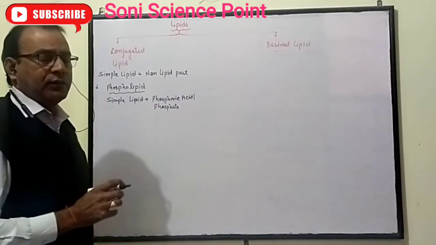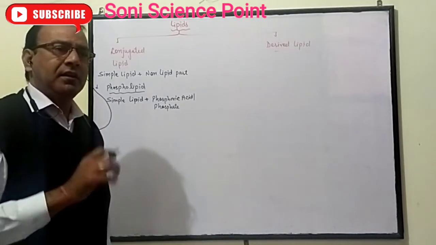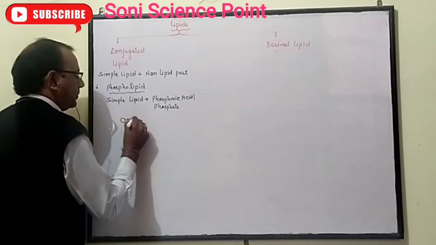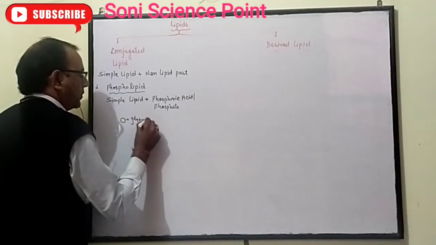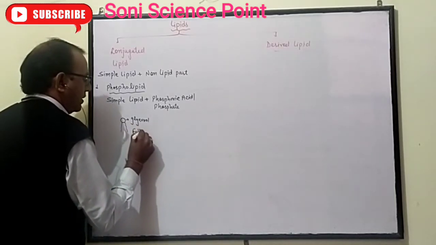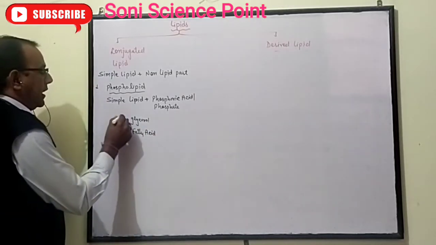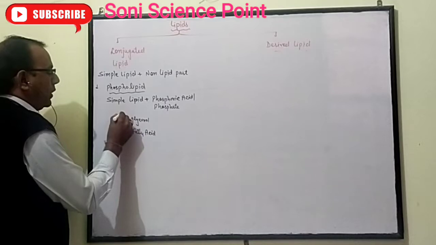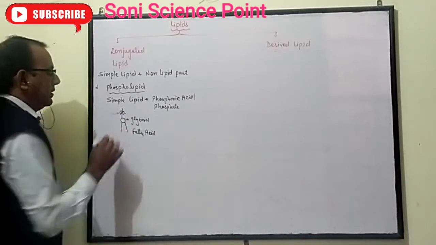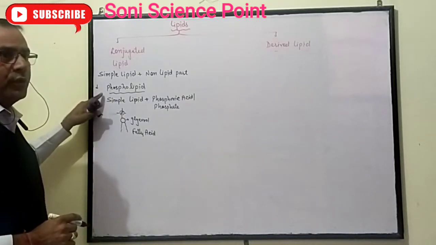In the previous section we have discussed monoglyceride, diglyceride, triglyceride. Glyceride has one circular part that is called glycerol, and the chain is known as fatty acid. If this glycerol is attached on one side with a phosphate molecule or phosphoric acid, this type of lipid is called phospholipid.